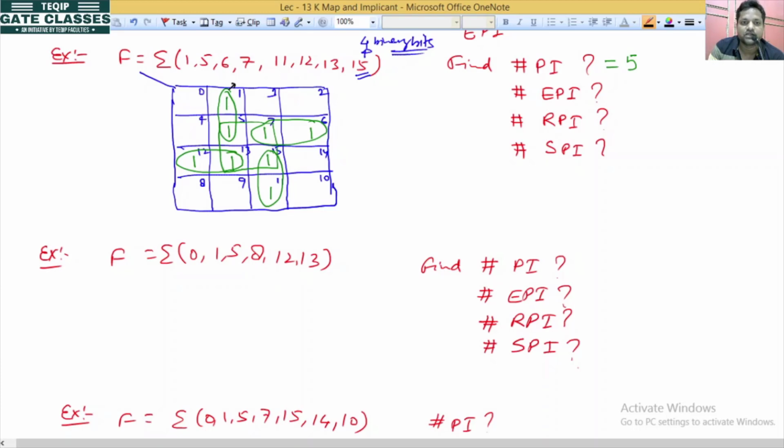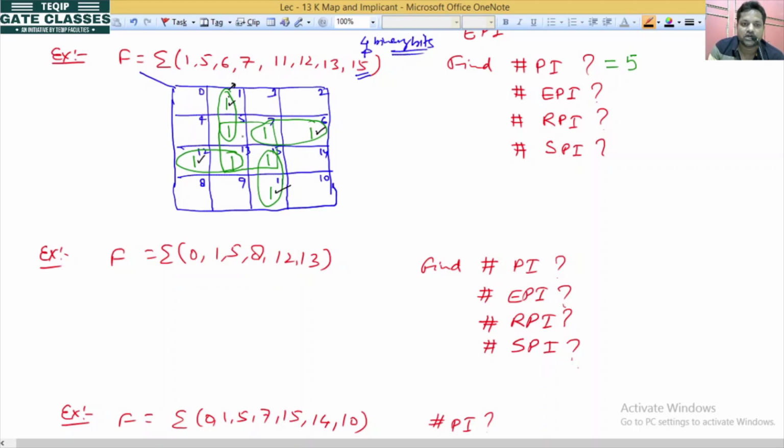Yes, it is EPI, because this one is not covered by another PI. Similarly, this one is not covered by another PI, so it is also EPI, and this one too, and this one too.